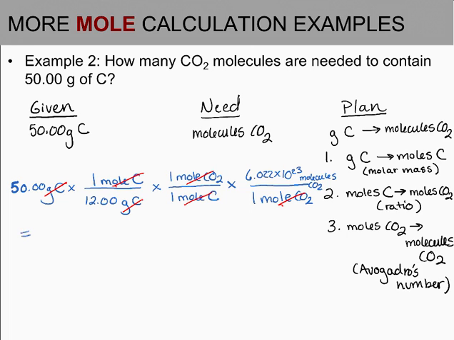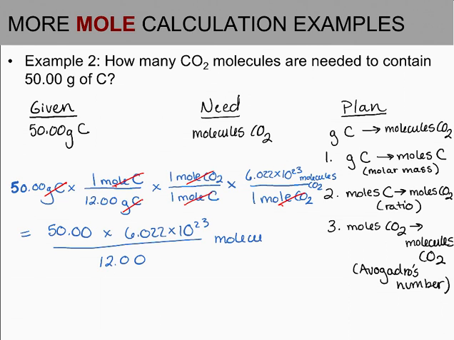All right, but for now, let's simplify this calculation. Once we eliminate all of our unneeded units, we'll end up with 50 times Avogadro's number, and then we'll divide that by 12. I'm leaving out all of the ones because we would just end up with the same answer. And then our final unit will be molecules of CO2.